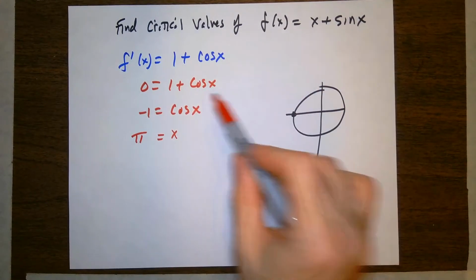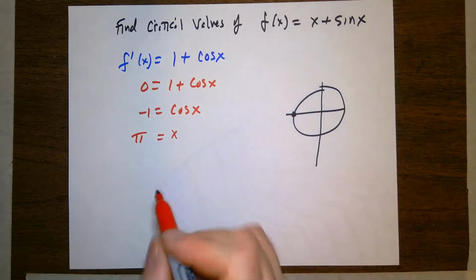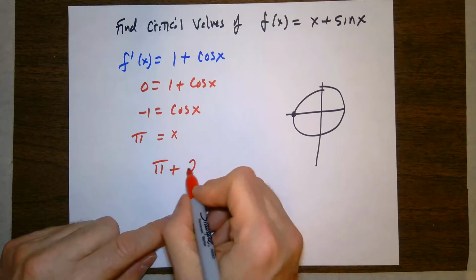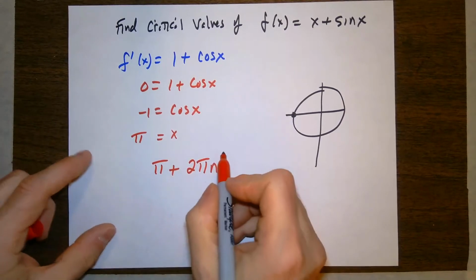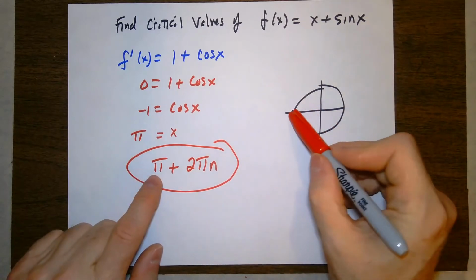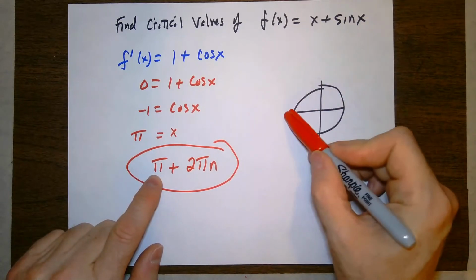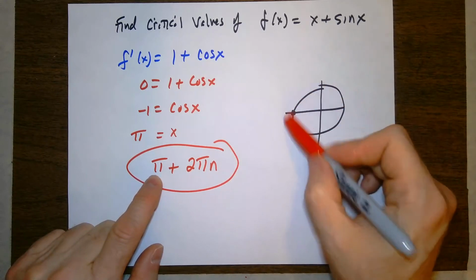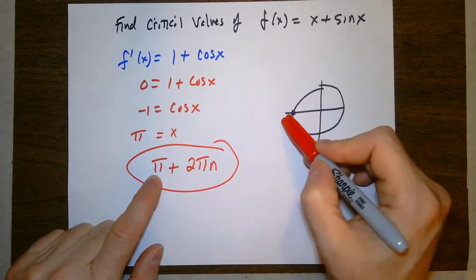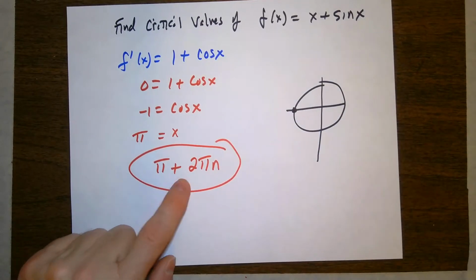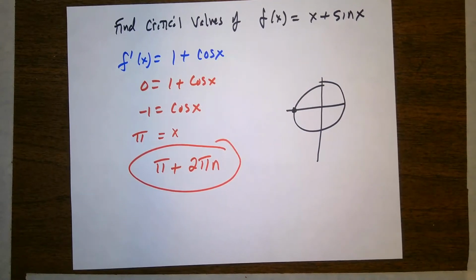What's the period of cosine? 2 pi. So the answer is not only going to be pi, but every 2 pi n after that, where n is some integer. So at pi, and then at 3 pi, 5 pi, 7 pi, 9 pi, or negative pi, negative 3 pi, and so on. So I've got all of those repeating values there.